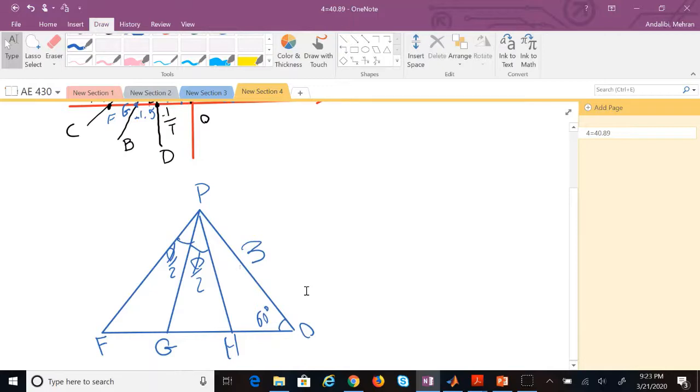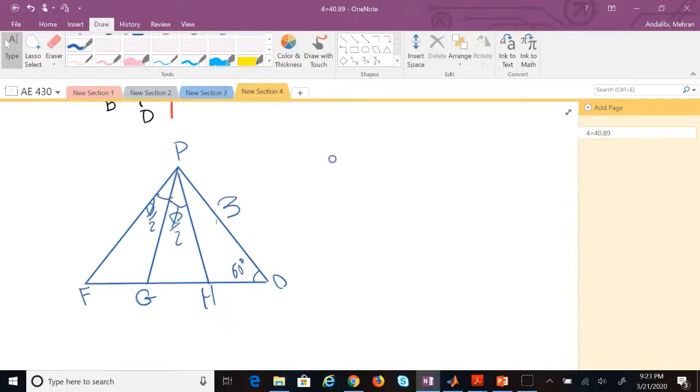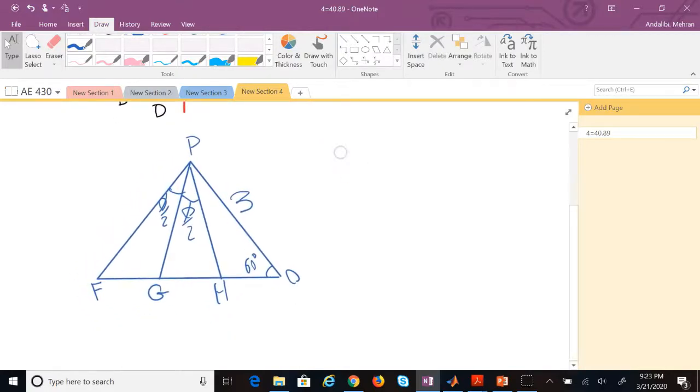The lengths of interest for me are O to H and O to F. These are the things that I care about, right? O to H and O to F, the location of the zero and the pole, because this guy is the zero and this guy is the pole. So if I can find them, then that's all I need. But right now, let's see what I have.